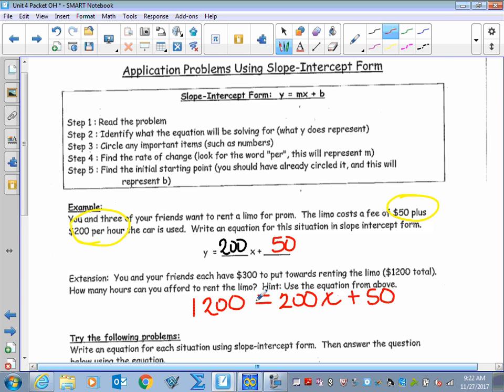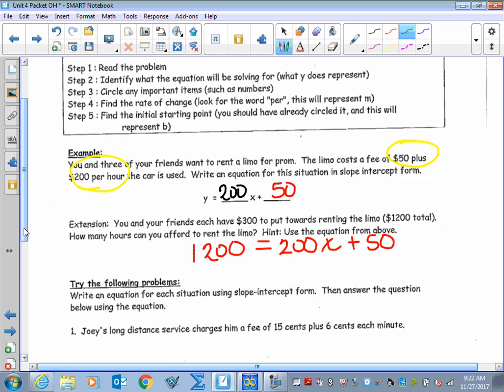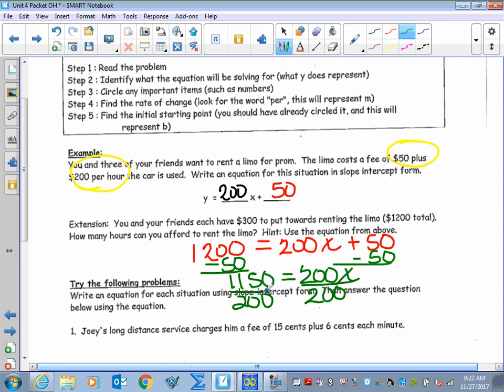Let's just solve it like you normally do an equation. Subtract 50 from both sides. That's going to give you 1150 equals 200x. Divide by 200. And x comes out to be 5.75 hours.